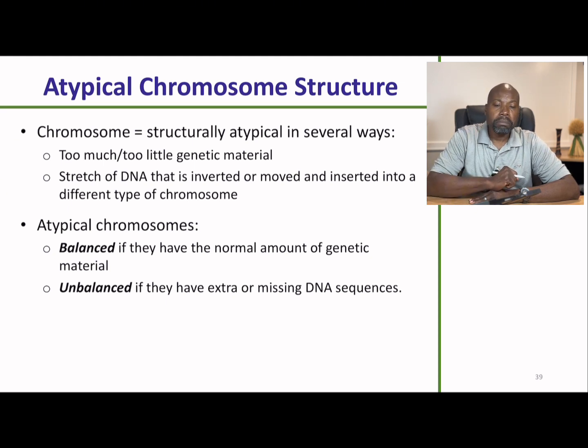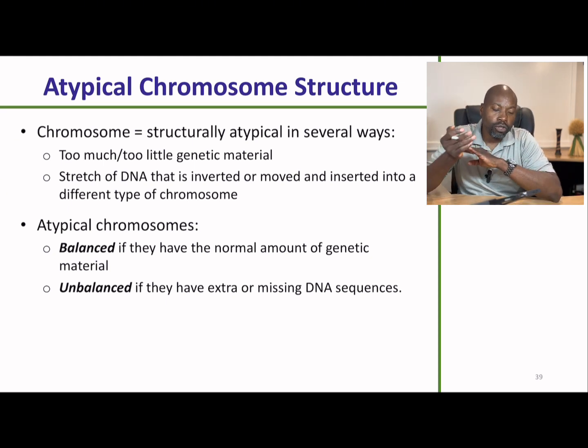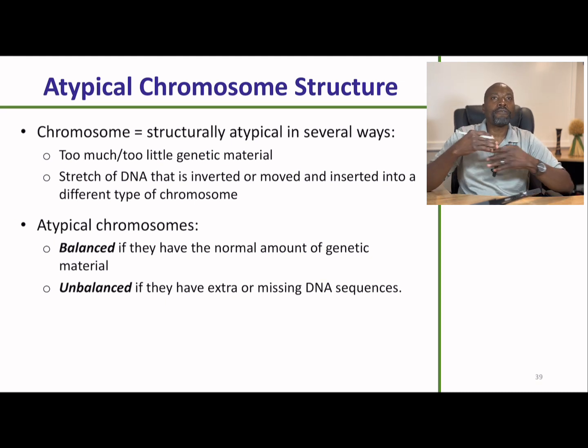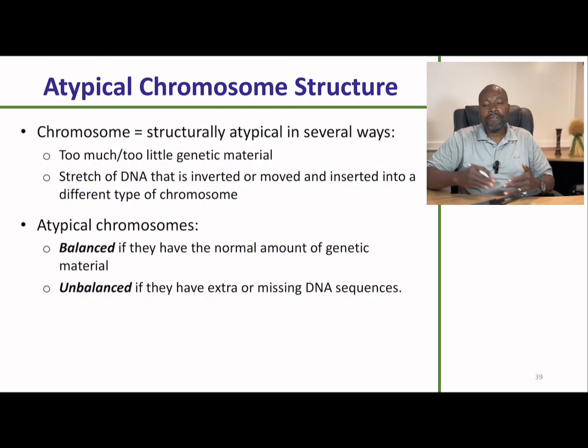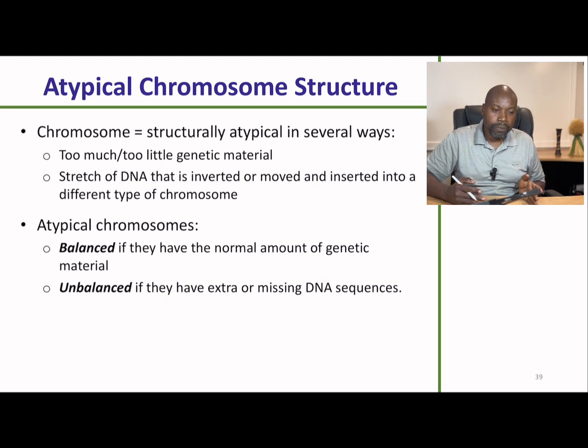Now, what are some atypical chromosomal structures? The atypical chromosomal structures are going to be, maybe we have too much genetic information on a chromosome, maybe we have too little genetic information on a chromosome. But how does this happen? Well, we are going to see this.